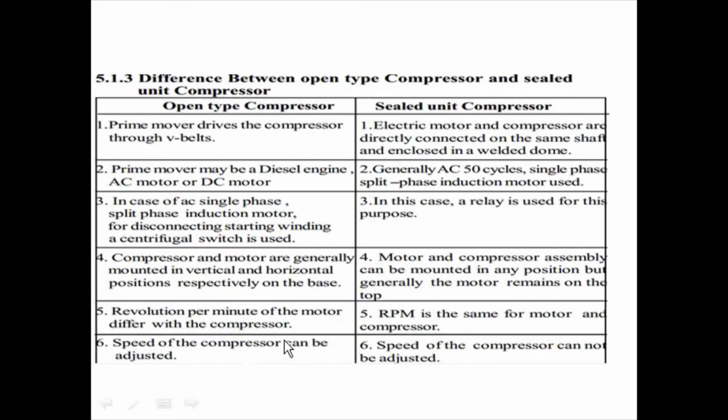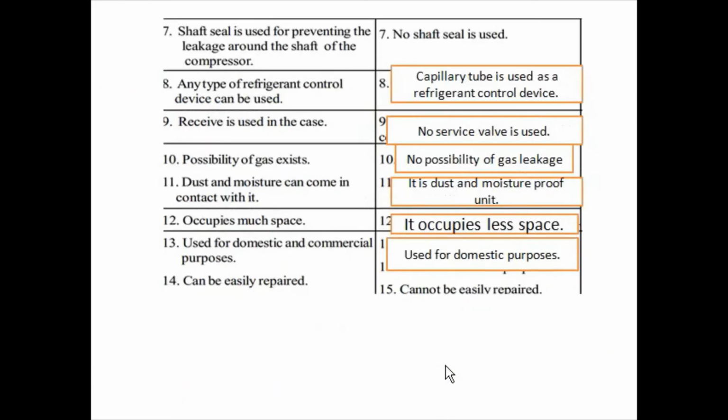Speed of the compressor can be adjusted. For open type, speed of the compressor can be adjusted, while for sealed unit compressor, speed of the compressor cannot be adjusted.